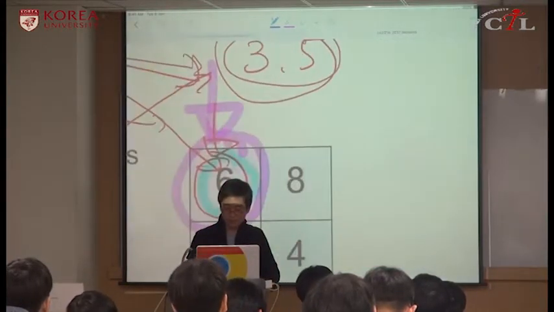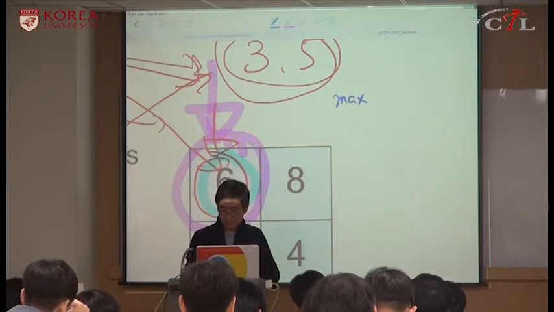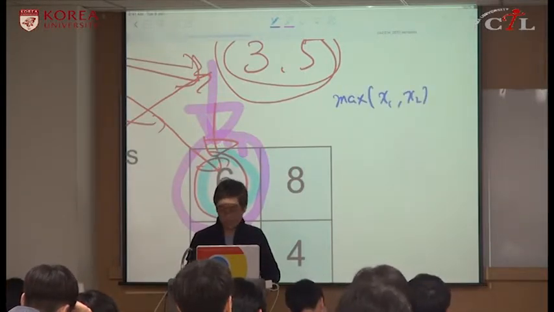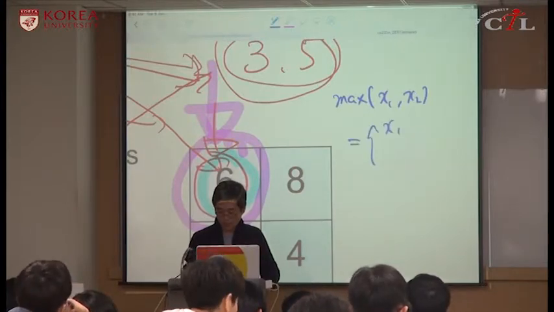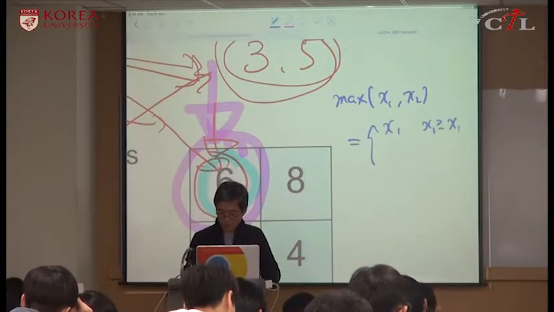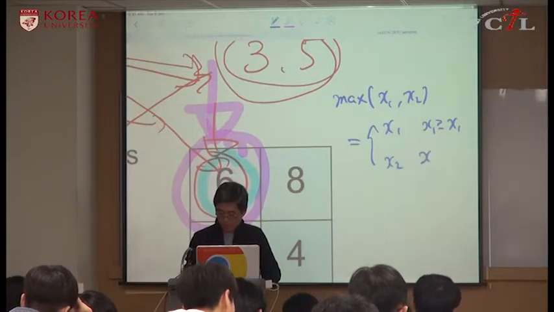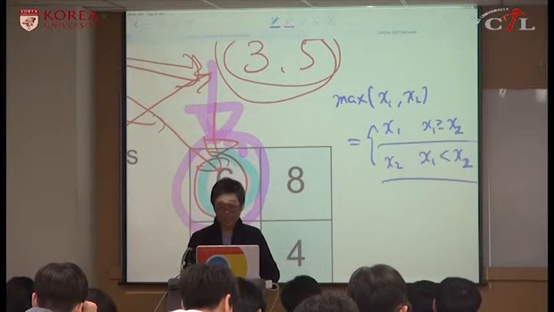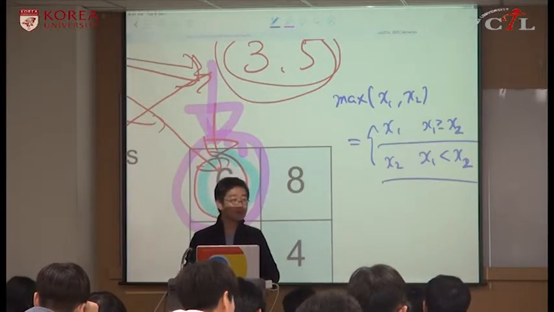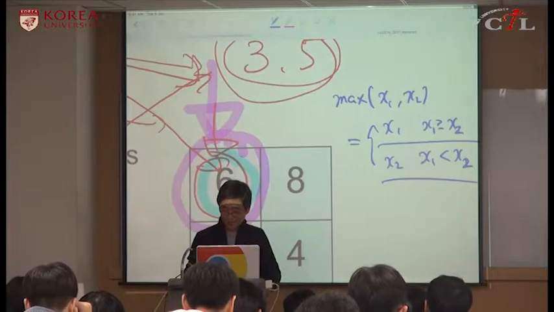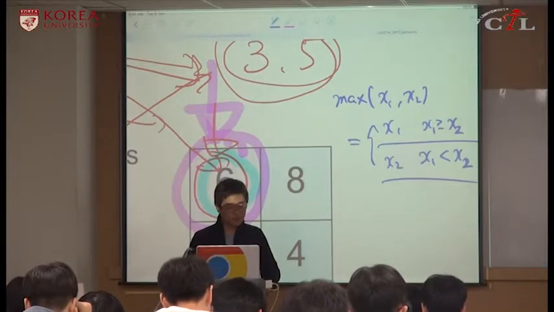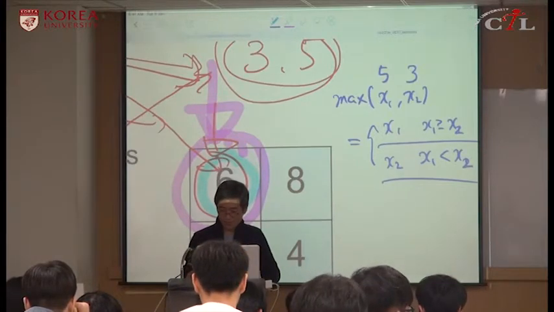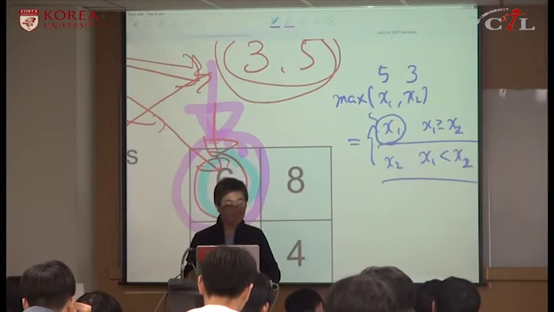So if we have two different input nodes, x1 and x2, and this is the max operation, right? If our forward propagation had the values 5 and 3, then we will apply this function, right?